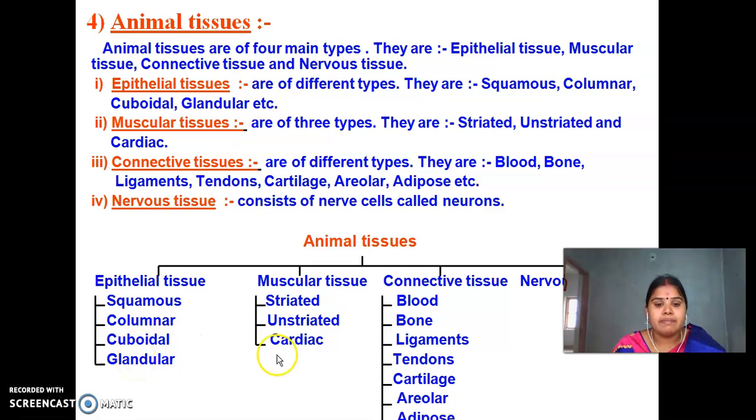Muscular tissues are divided into three: striated, unstriated, cardiac. Connective tissue is divided into many types: blood, bone, ligaments, tendons, cartilage, areolar, adipose tissues. Next, nervous tissue, which is only present in our brain. So these are the types of animal tissues.